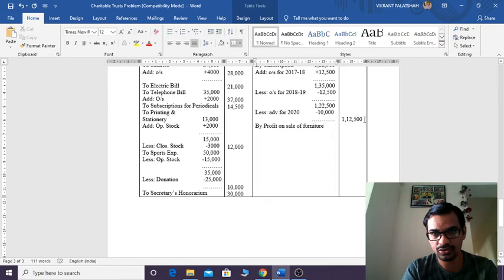After the sale of old newspaper, next one given is by hire of ground used for marriage. That is our income. And how much is that? It is rupees 48,750.